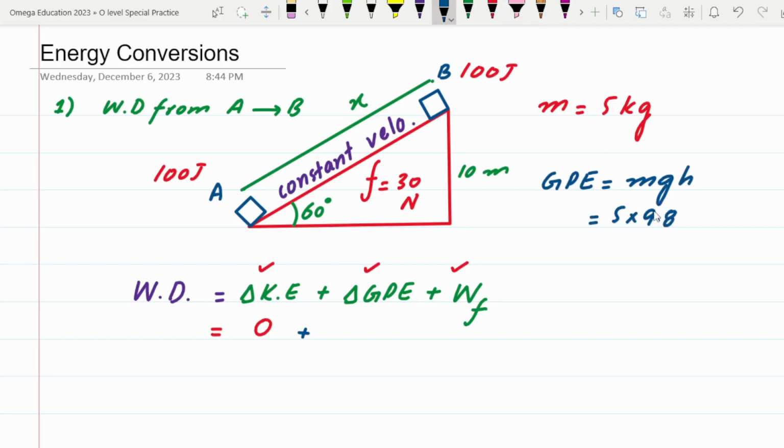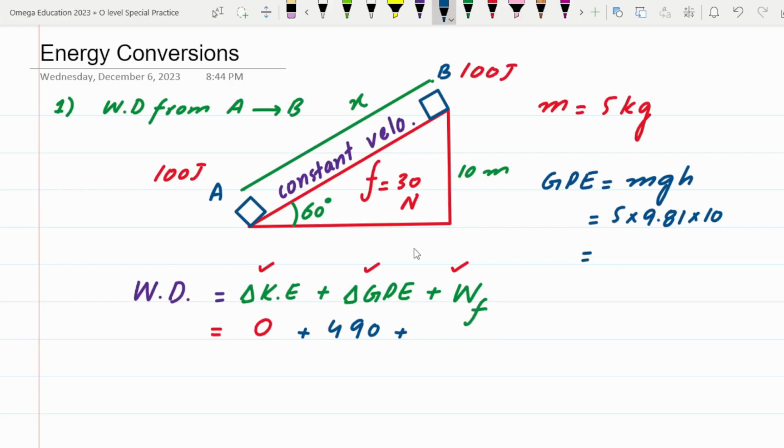You'll need the calculator. Times the height, which would be taken as 10. That is the part of the work done that would be used to increase the potential energy. So you'll have to do the work done in such a way that you compensate for all of these. Whatever the total energy we get here, the sum of all these energies, that much work has to be done by you.